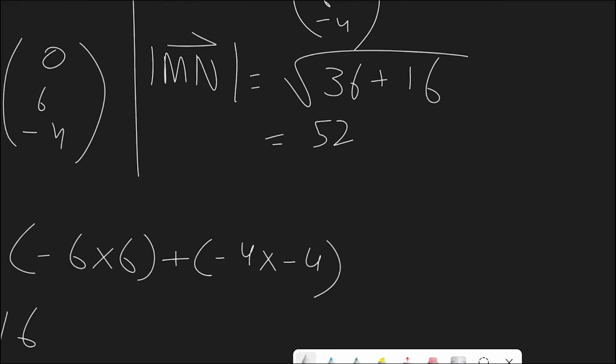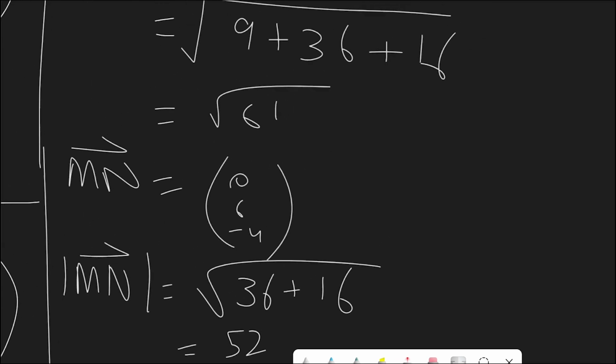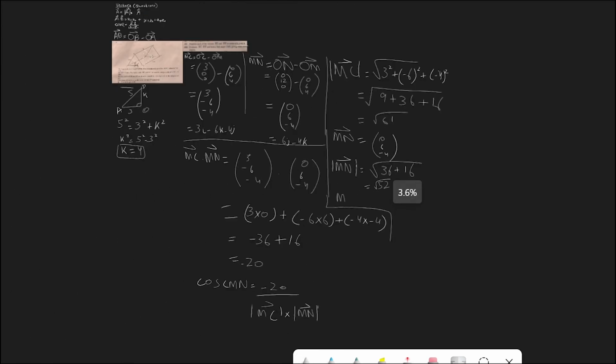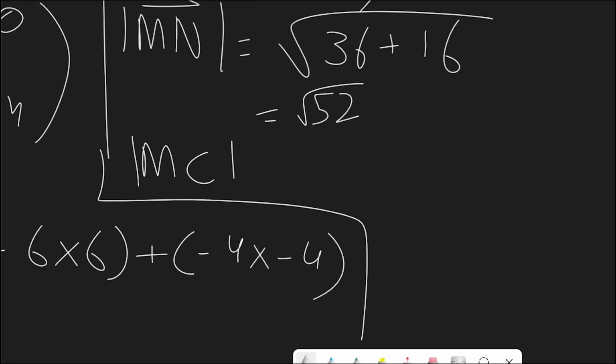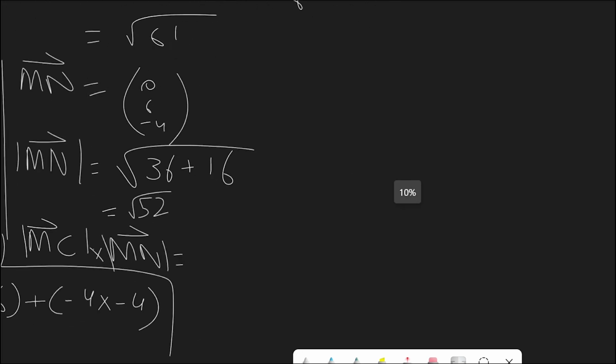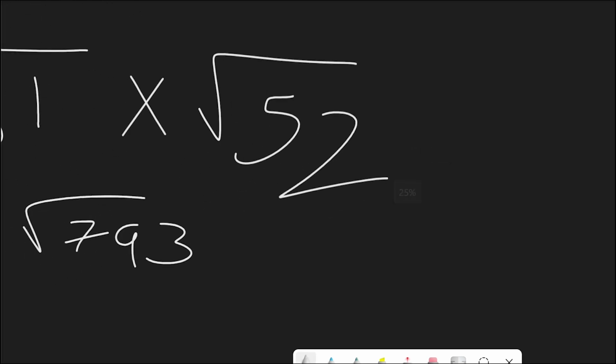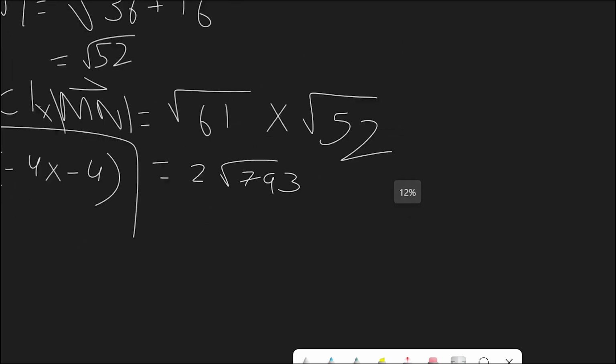So for the magnitudes multiplied, that's what we have to do in the formula. That is square root 61 times square root 52, you can do it on your calculators. The answer would be 2 square root 793. You can even write it in decimal places, but as we have to use it after this calculation as well, I am writing it in whole form.